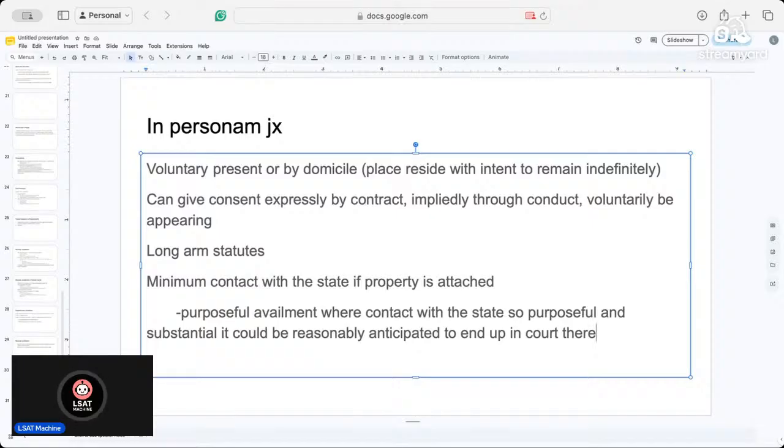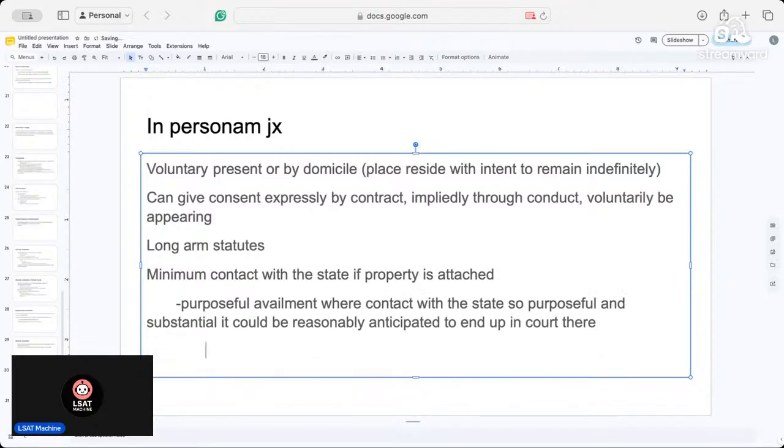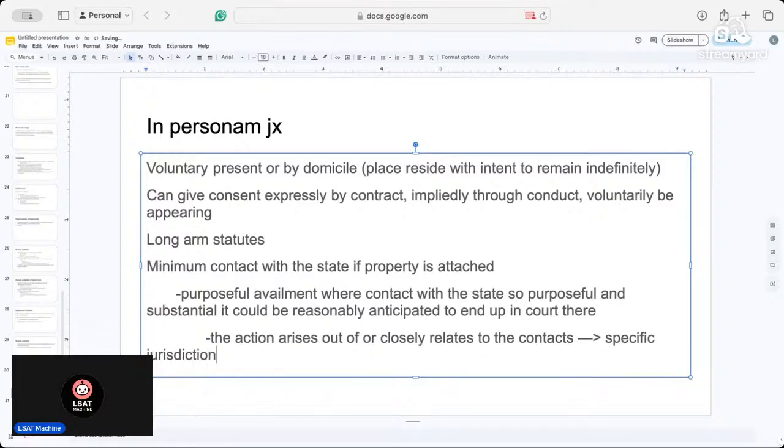Okay, so what type of contacts? If the action arises out of or closely relates to the contacts, then the court gets specific jurisdiction.